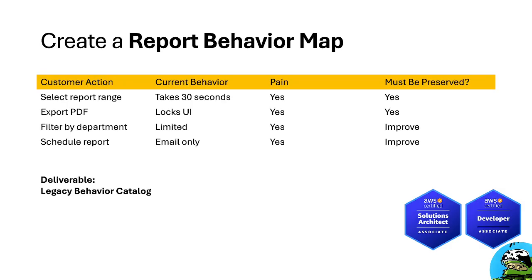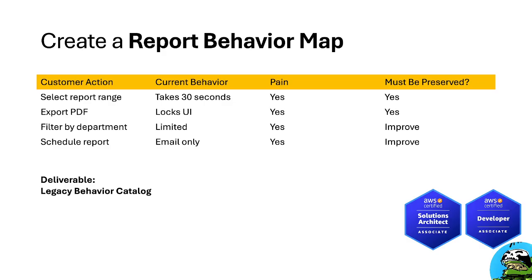So for the creation of the report behavior map, for example, customer action: select report range. The current behavior is that it takes 30 seconds to select the report range. Is that a pain? Yes, and must it be preserved? Yes. We'll preserve that, and it's in this map that we're building here.